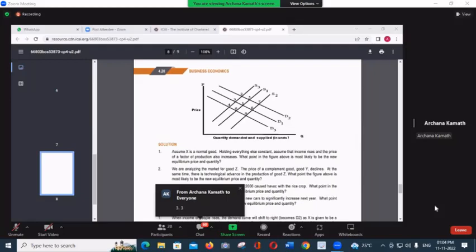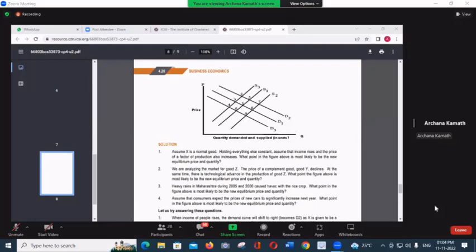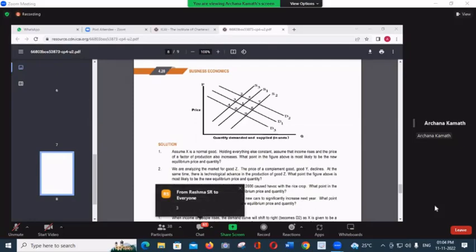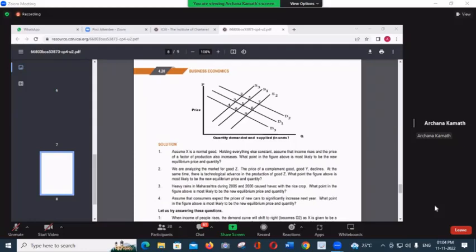As long as it is not mentioned in the question, please take everything as it is. So we take demand at its original point as D1 only, and supply has reduced to S3, which is D1 and S3 intersecting at 3.